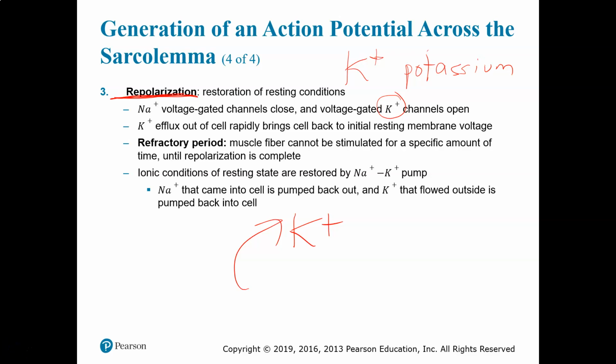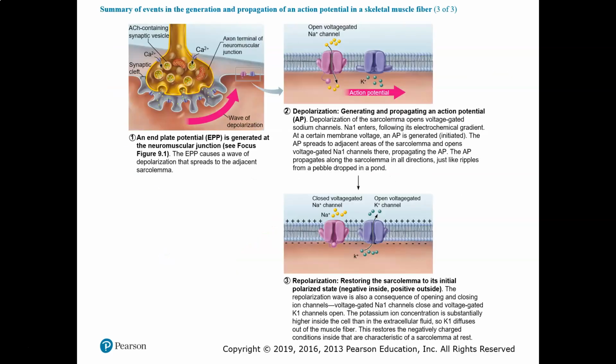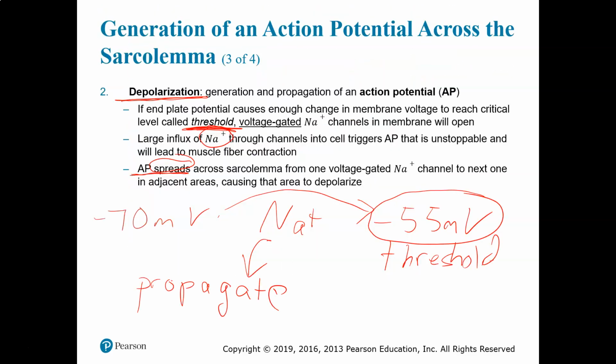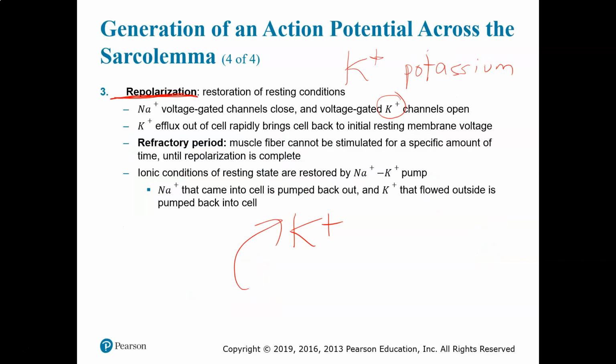So if you think about this, if sodium ions coming into the cell causes the membrane potential to become less negative and more positive, then the opposite is going to be true when potassium ions move out.